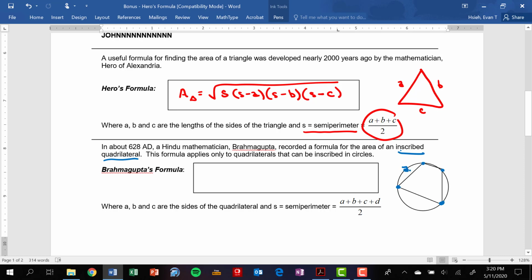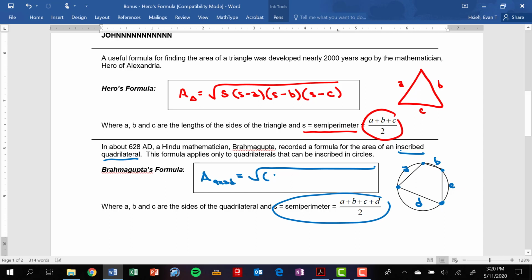And if the sides are A, B, C, and D, and again, you're looking at the semi-perimeter being basically half of the perimeter of the quadrilateral, the area of that cyclic quadrilateral is equal to the square root of, and this is where it's a little bit different, but you can hopefully see that it's very similar to Hero's formula.